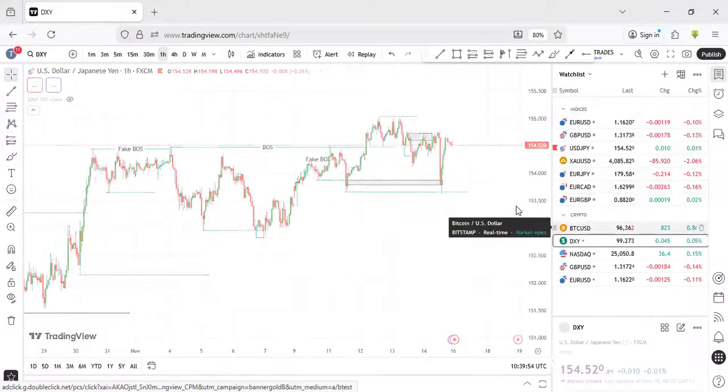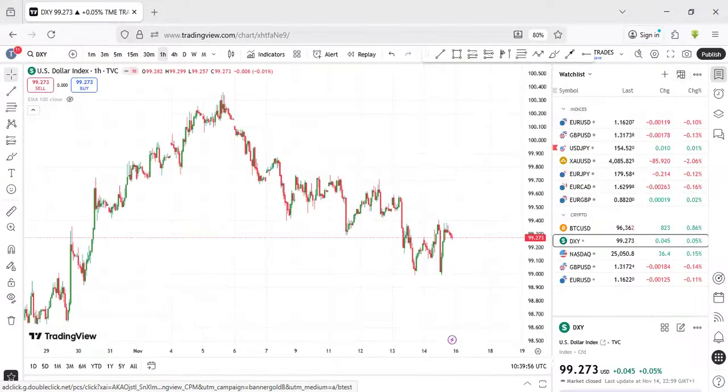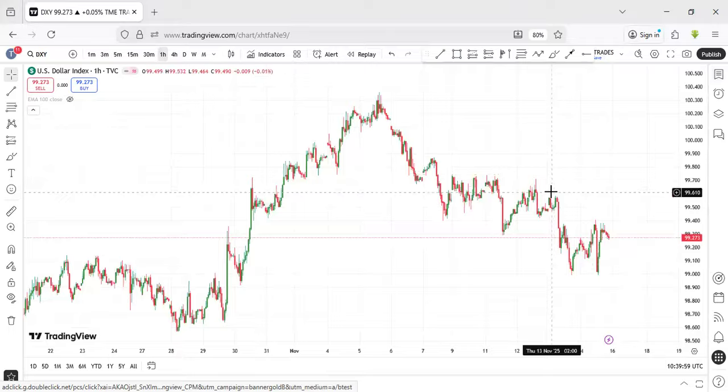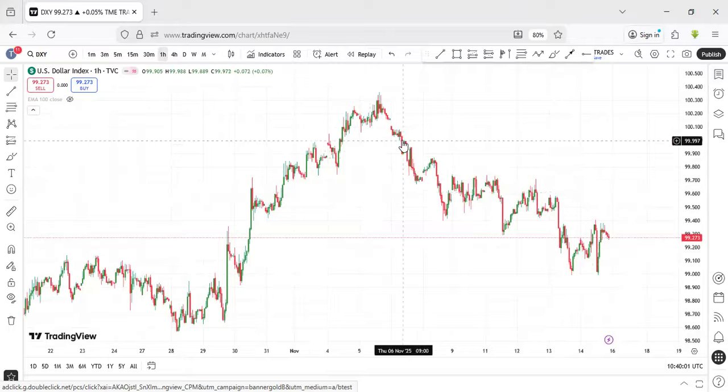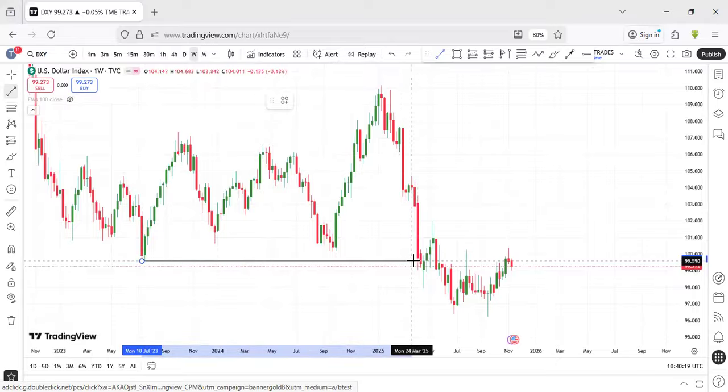Whenever DXY is buying, that means the dollar is strong. Whenever DXY is selling, that means the dollar is weak. Now, always add this to your trading strategy. It's going to help you a lot. So now on DXY, we can see that this market was selling for some time, until it broke this support level, right?